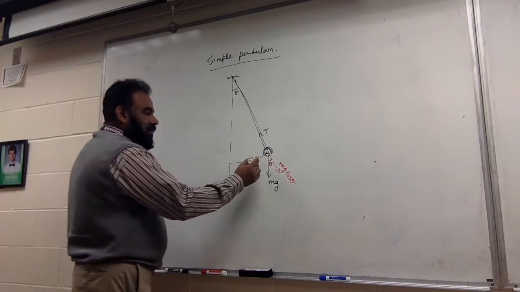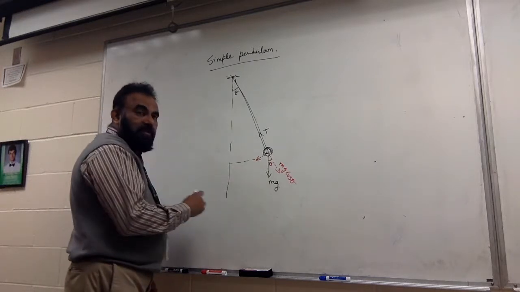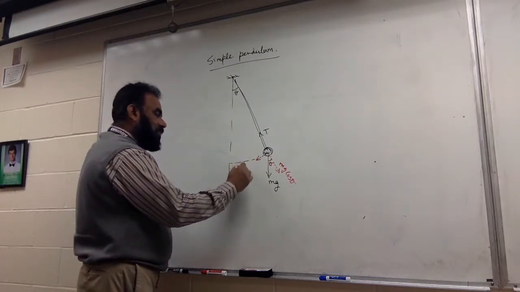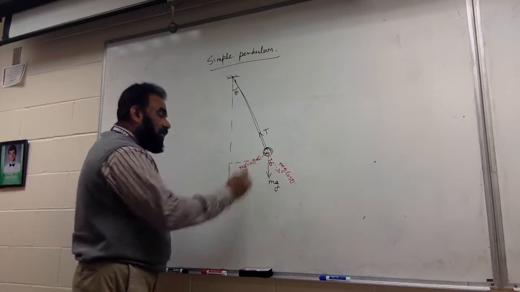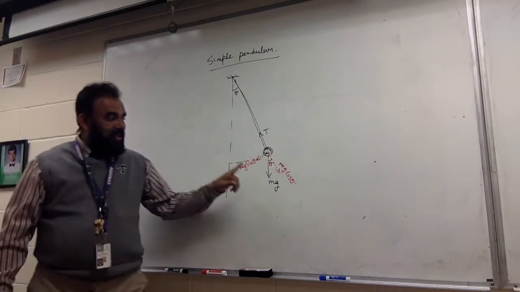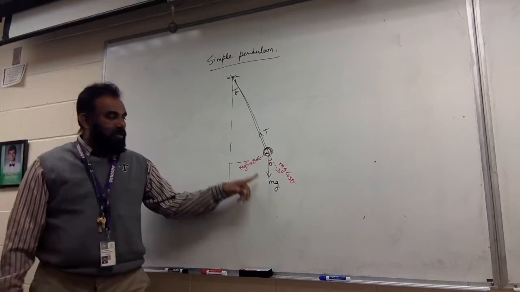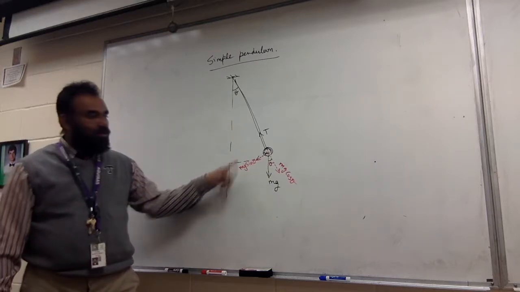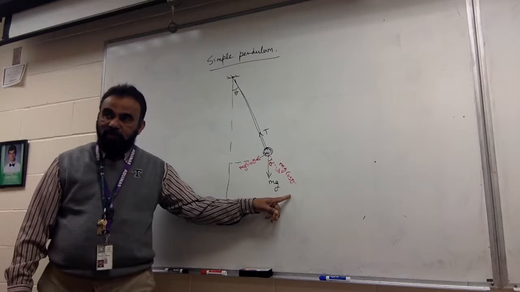And that explains what component this one is. What is this one? mg sine theta. So when I split mg into two components, we have mg sine theta pulling it this way and mg cosine theta pulling it that way.